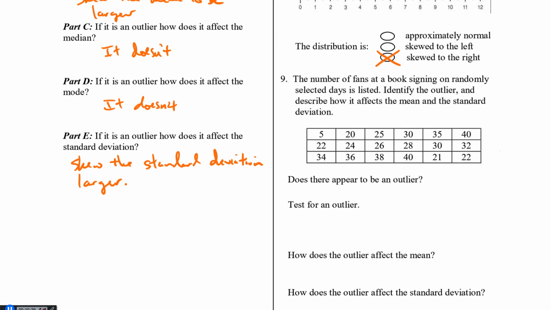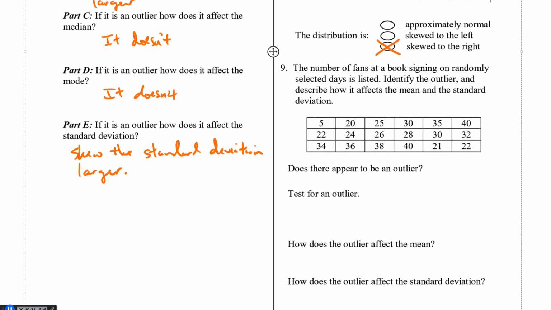Okay. Number 9, the number of fans at a book signing is given below. Does there appear to be an outlier? I would say yes. It looks like 5 might be. So we're going to test for the outlier. Once again, we're going to put all that data into our calculator. We're going to find Q1, which is 22.